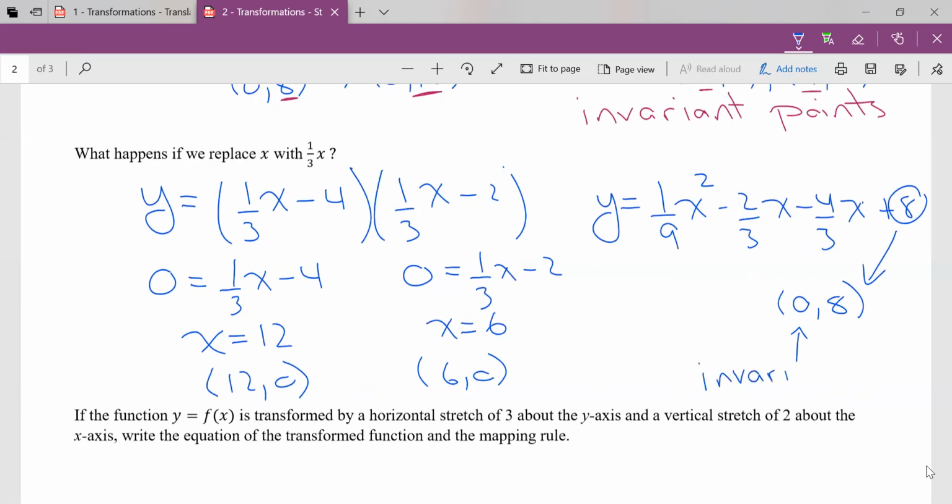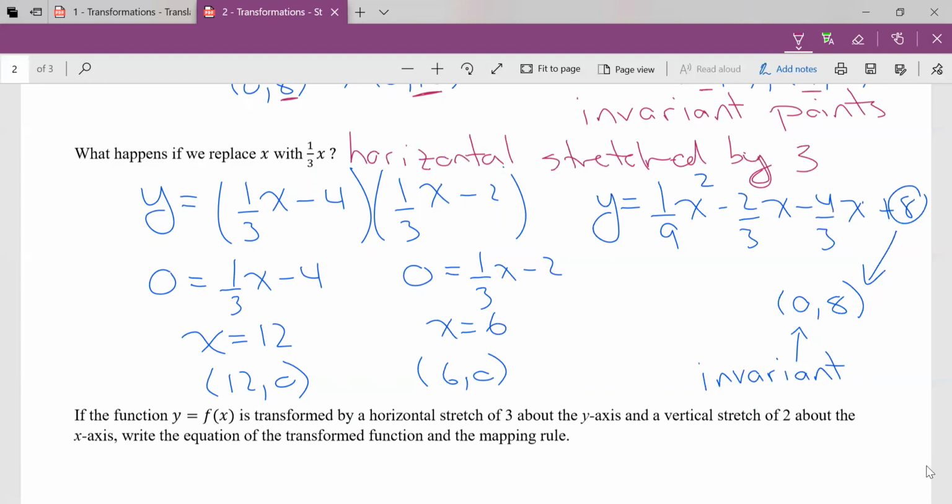So that's our invariant point. What about our x-intercepts? Our x-intercepts went from (4, 0) to (12, 0) and from (2, 0) to (6, 0). So guess what we just did? We just horizontally stretched by a factor of not 1/3, but by 3. So we horizontally stretched by a factor of 3, some people would say.